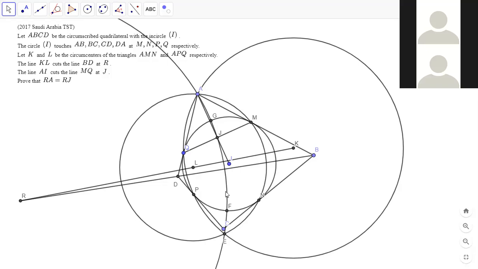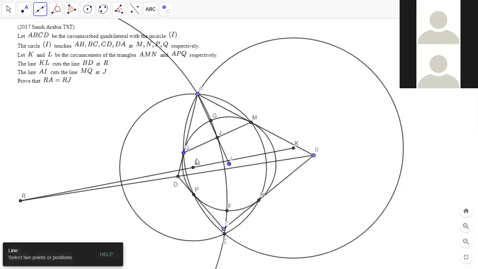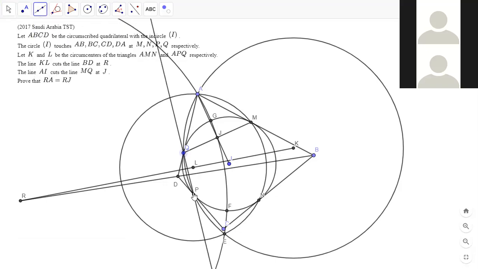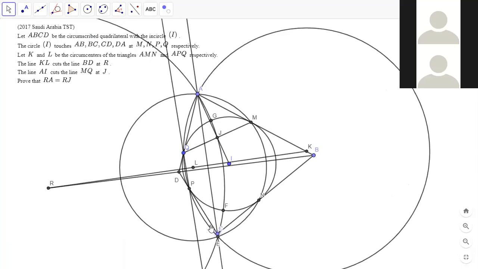I think that AE also concurs with those three lines. Oh, really? It looks like it. So maybe it's worth hiding R for now and drawing that part of the diagram. Because if all those different lines concur, you said AE. I don't think AE and C are collinear, right? Or I would doubt it.